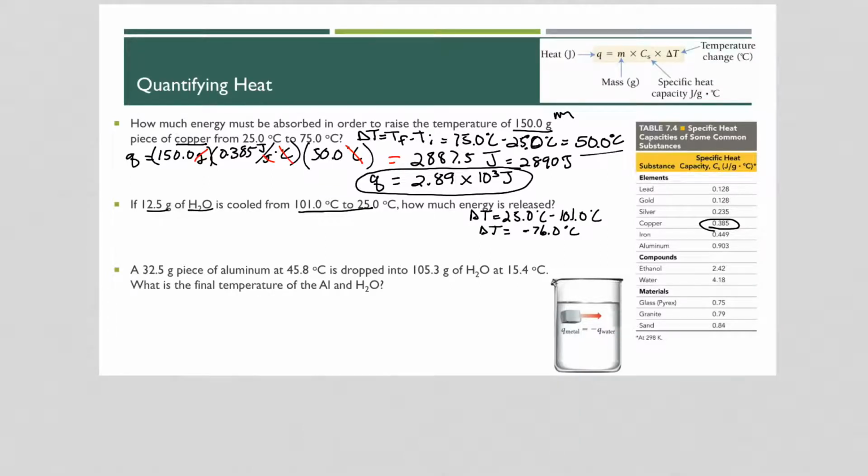So if I go back to my equation, I have my Q, my mass, 12.5 grams. Now my material is water, so that means my specific heat is going to be 4.18 joules per gram degrees Celsius, times the temperature change.